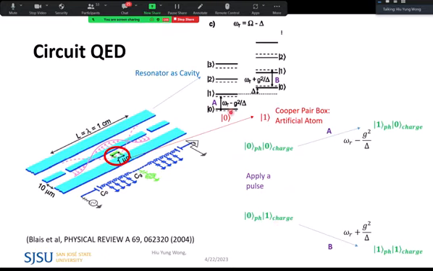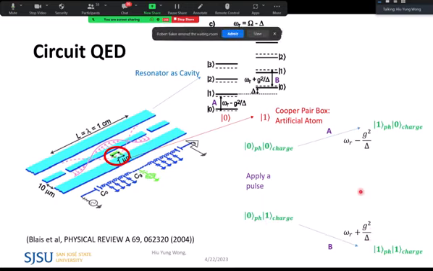The state of the atom is going to change the level of adding 1 photon to the system. If you have 0 Cooper pair, the energy you need to include 1 photon in this resonator is omega r minus g squared divided by delta. If you have 1 Cooper pair, it is omega r plus g squared divided by delta.